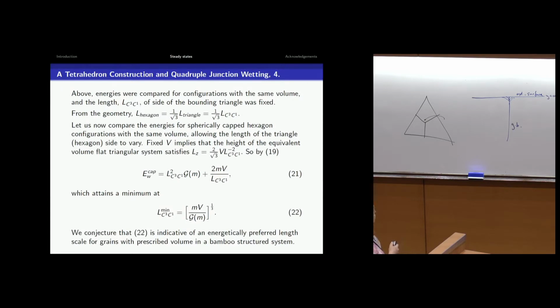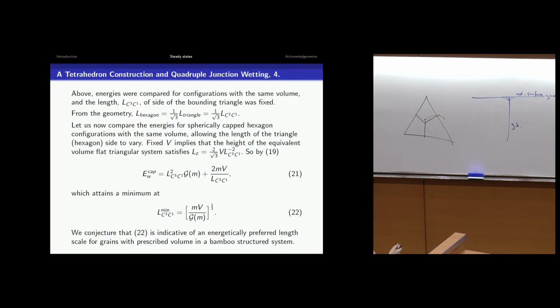Then one can also look at it differently. You want to fix the volume of a given grain, and then you say, suppose you've got grains with a certain volume. What's the best configuration in terms of capped hexagons for these grains of a fixed volume?